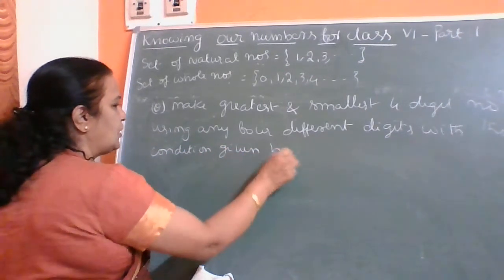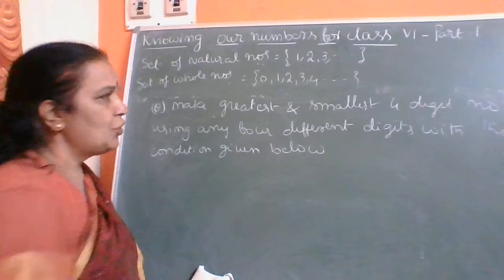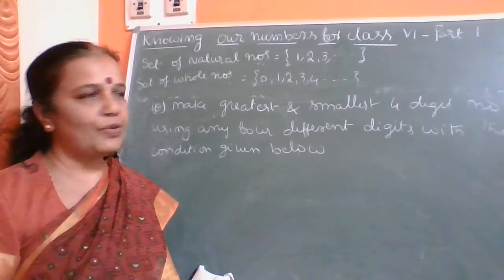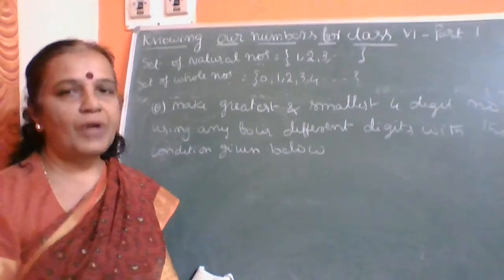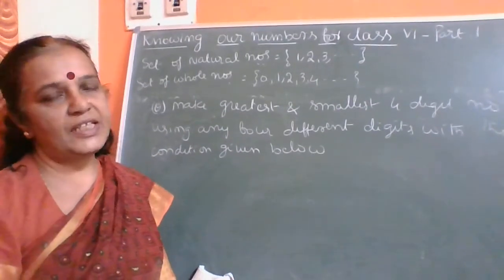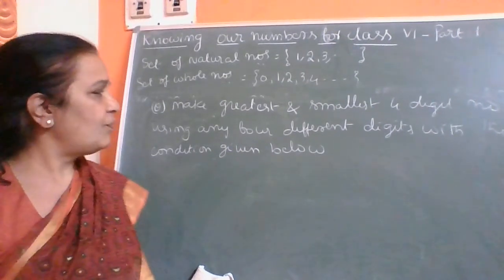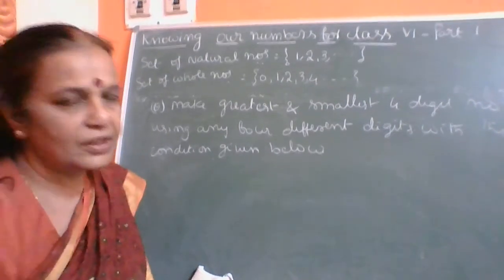With the condition given below, you have to make the greatest and the smallest 4-digit number, and you have to use different digits.